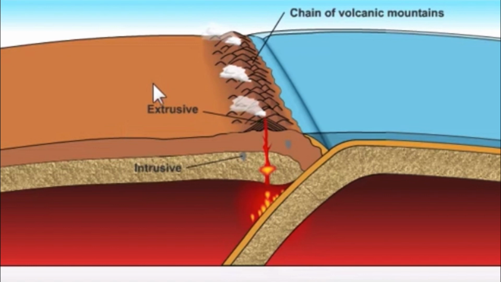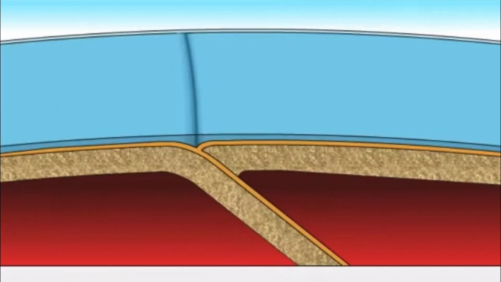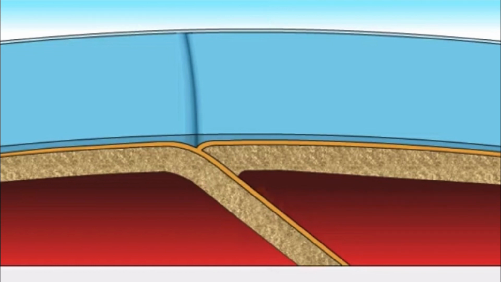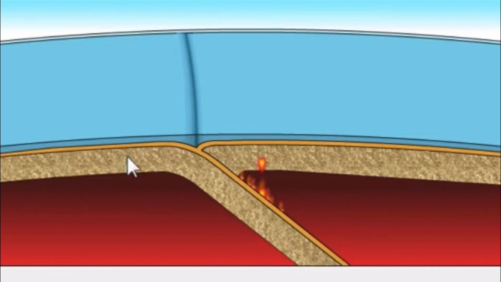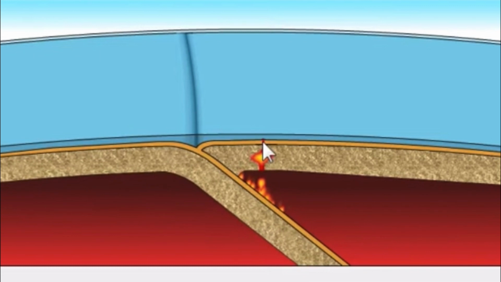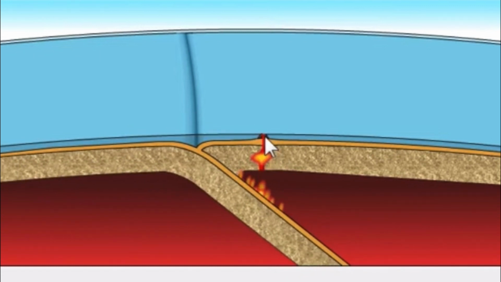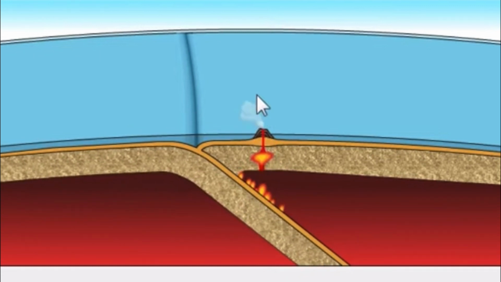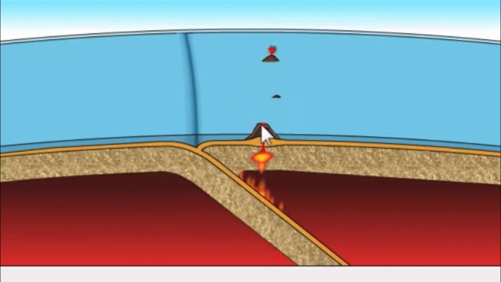Now, another thing we can do is have, instead of ocean floor subducting underneath the continent, ocean floor subducting under other ocean floor. In this case, the animation is flipped around, but it doesn't really matter. You can imagine either of these in a mirror image. Same process. We're going to subduct the ocean floor underneath this other ocean floor. We're going to generate magma. The magma is going to rise, and a whole series of volcanic islands is going to pop up in the ocean parallel to the trench.